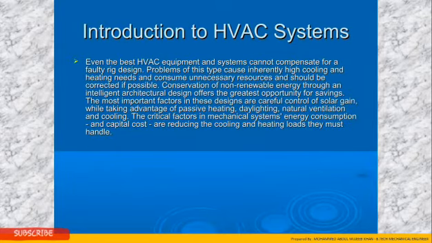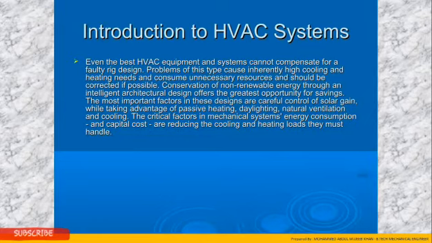Even the best HVAC equipment and system cannot compensate for a faulty building design. Problems of this type cause inherently high cooling and heating needs and consume unnecessary resources and should be corrected if possible. Conservation of non-renewable energy through intelligent architectural design offers the greatest opportunity for savings.